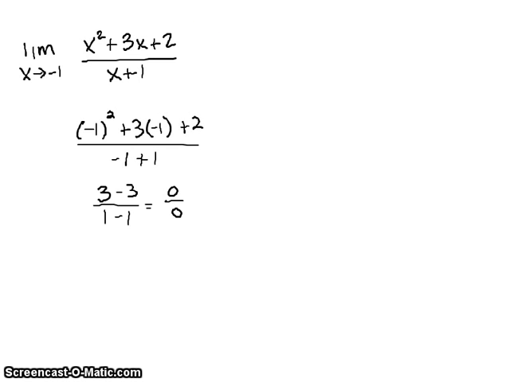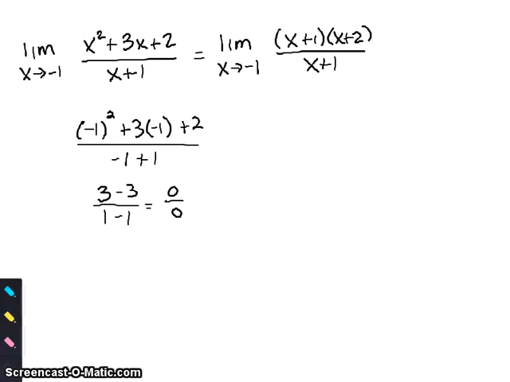Our first way to do it algebraically is to factor and simplify. The top factors into x plus 1 times x plus 2, and our denominator is just x plus 1. So we can cancel out our x plus 1 factors.